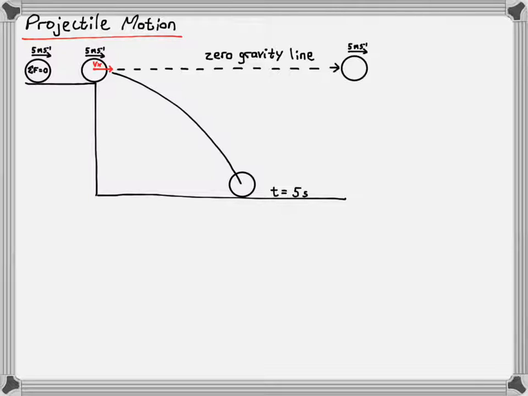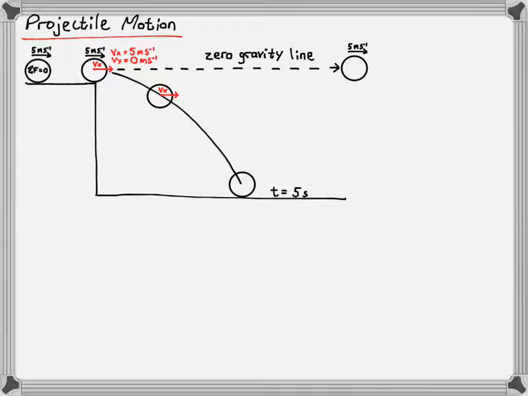At this point, as it rolls off the edge of the cliff, its horizontal velocity, or its velocity in the x direction, is equal to 5 meters per second. Its velocity in the y direction, the vertical direction, is 0 meters per second. What about at this point here along its path? What is its horizontal velocity going to equal? Pause the video and think about that for a second.